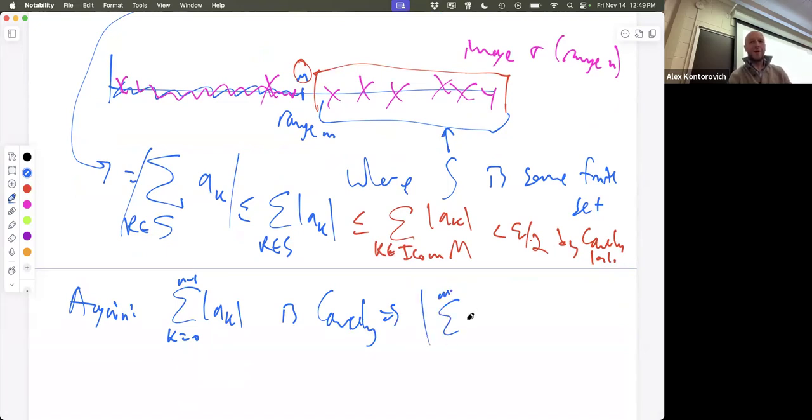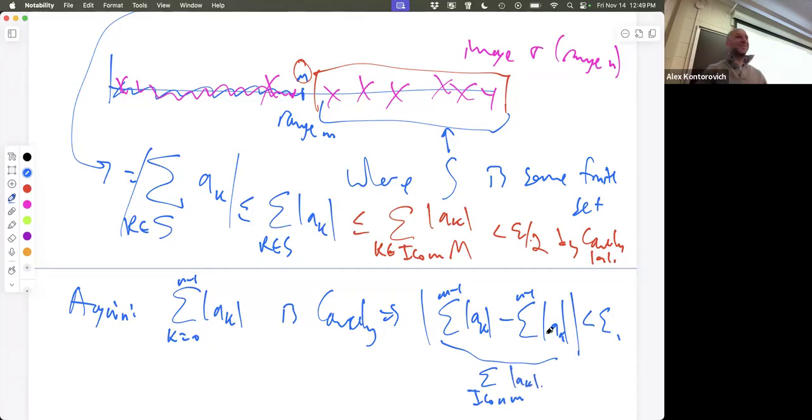If I take the sum up to m minus 1 of absolute value of a k, and I subtract off the sum up to n minus 1 of absolute value of a k, I'll get that to be less than epsilon. So what is this? This is the sum over the interval from n to m. It's just an entire interval. Whatever this set is, it's contained in an interval. And Cauchy says we can make that as small as we want by taking things large enough. Okay. So let's unpack all of these things in pieces and then put them together.